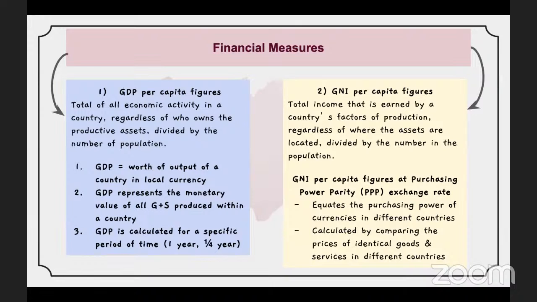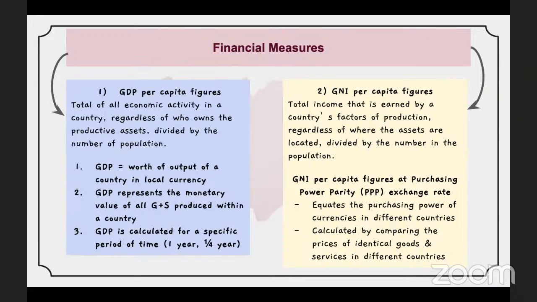Even though GNI or GDP per capita is at a normal range, if we consider purchasing power parity, we are actually investigating the worth value of the goods and services of the same thing in GNI and GDP between countries. So that one at purchasing power parity or PPP is the most accurate measure if we make comparisons between countries.